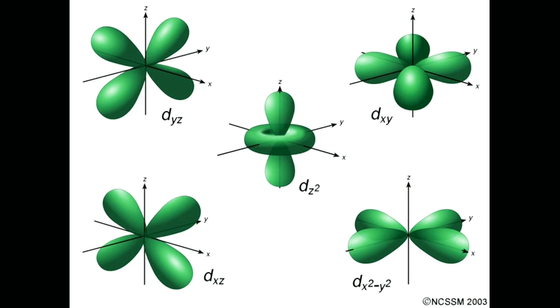Number 4, the dxy orbital, wherein the 2 dumbbells are aligned between the x and y axes. And the last one, a special one, that is dz square, wherein it has a doughnut shape or a collar shape structure. And that's about the orientations of orbitals in a D subshell.